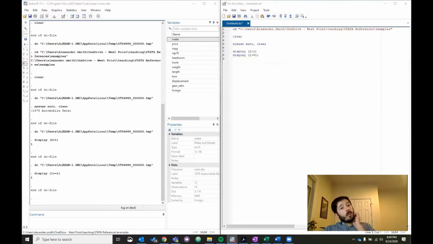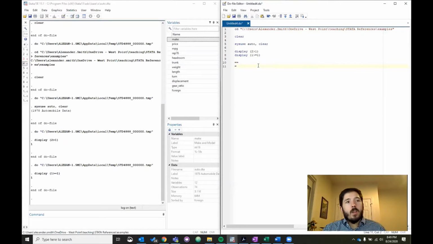An important point that people struggle with when they start with STATA is the difference between an equal sign and a double equal sign.